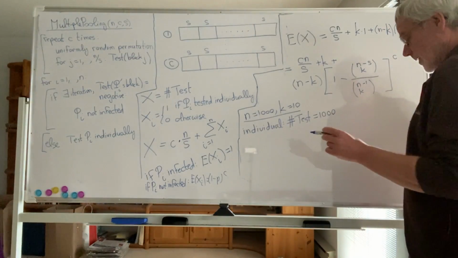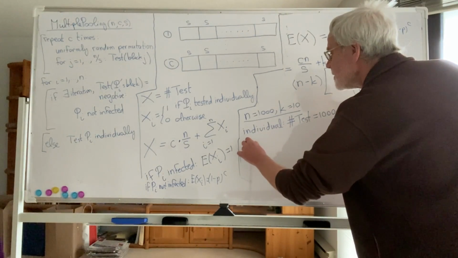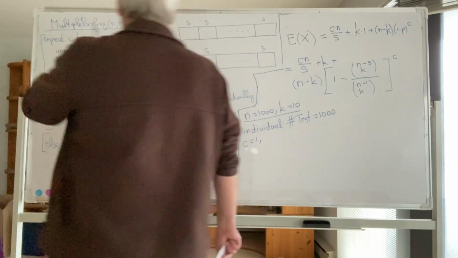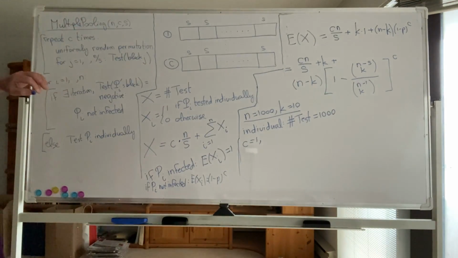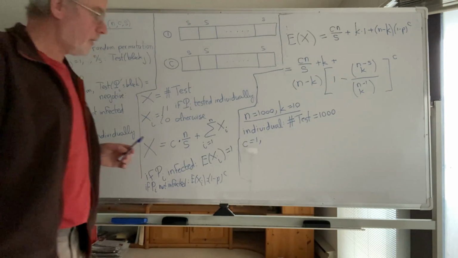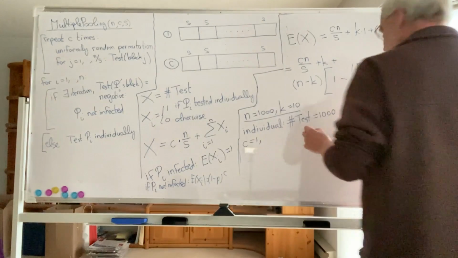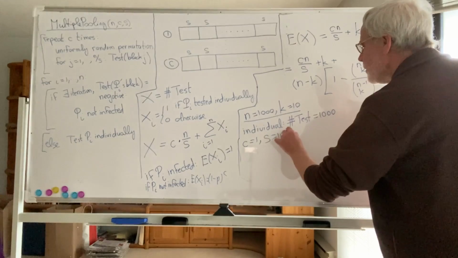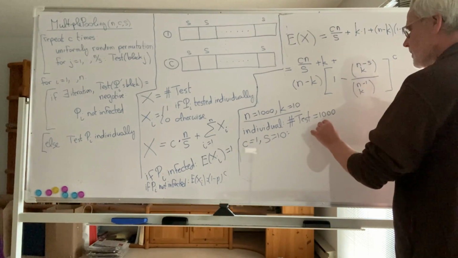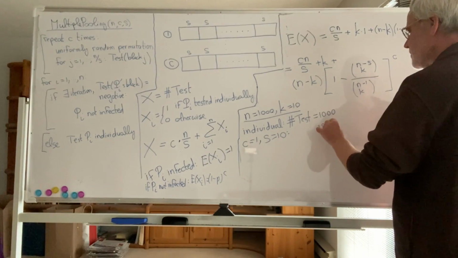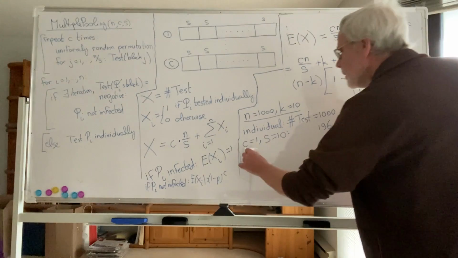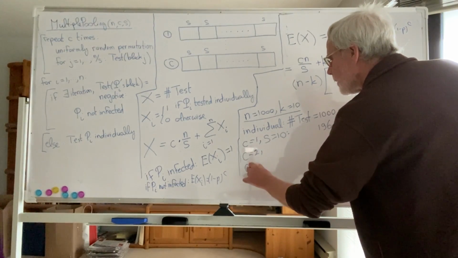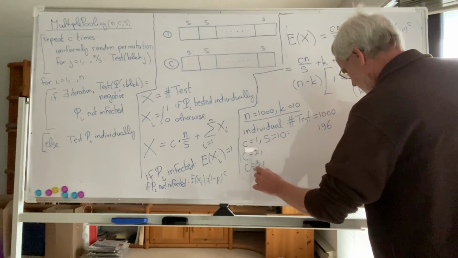Then, as we saw in part 1, if C is 1, we get the single pooling we saw in part 1. And there we saw that if we take block size S equal to 10, then the number of tests reduces to 196. So we go up to 4.